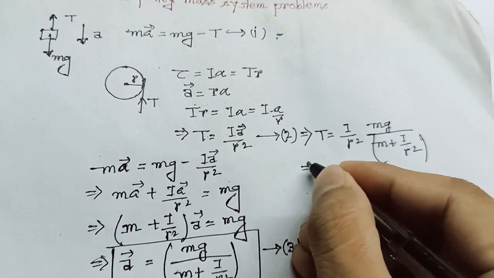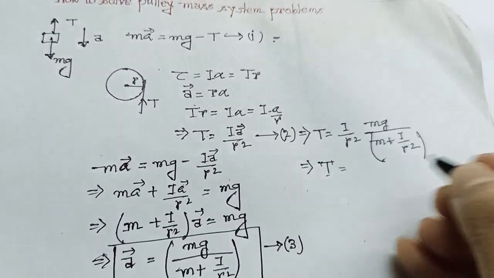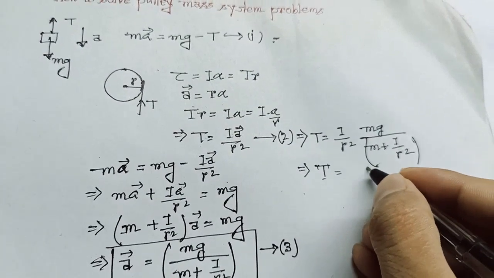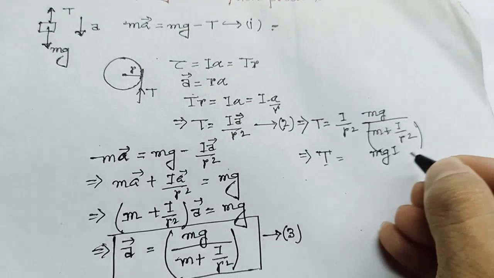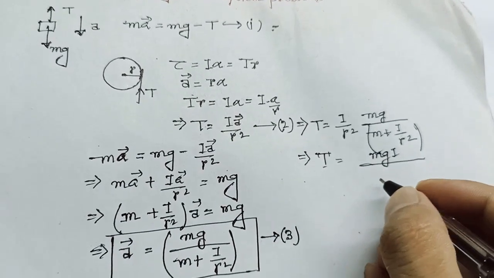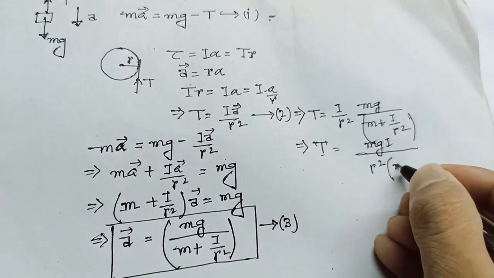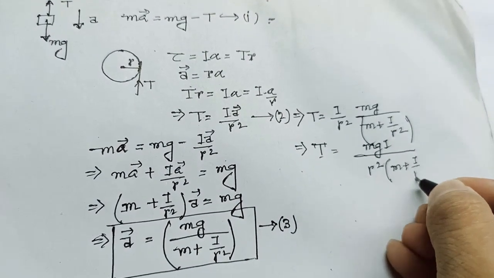So from this equation, we can write the tension force will be equal to m g I divided by r square into m plus I divided by r square.